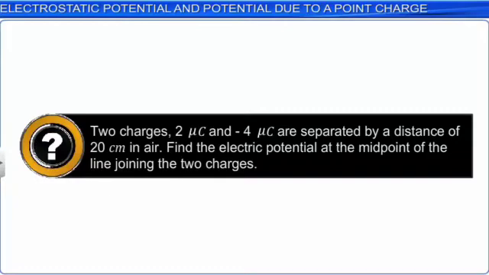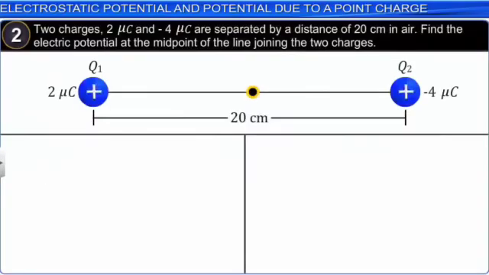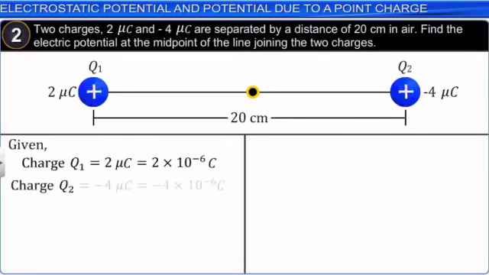Given charge Q1 is equal to 2 microcoulomb equal to 2 into 10 raised to the power minus 6 coulomb. Charge Q2 is equal to minus 4 microcoulomb equal to minus 4 into 10 raised to the power minus 6 coulomb. The distance of the midpoint from Q1 as well as Q2 is r equal to 10 centimeter equal to 0.1 meter.